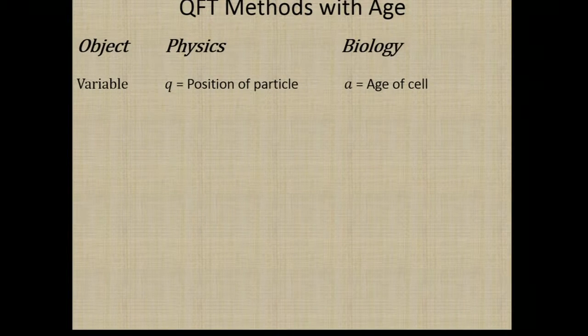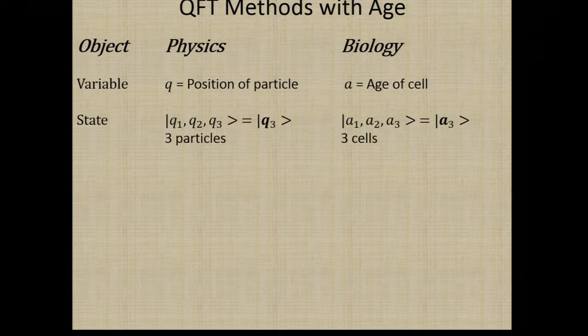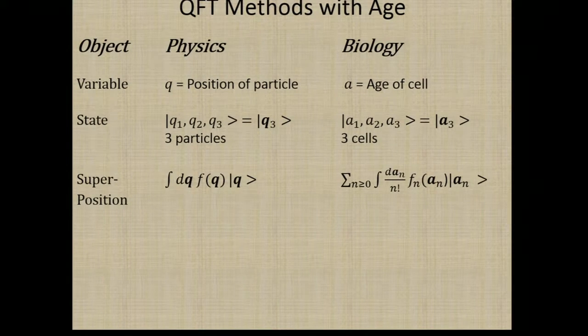So I'm just going to go through the two different fields, if you like. What we can think of is that quite often in physics, we've got Q is the position of a particle, and I'm going to say in biology, we've got A is the age of a cell. That's the analogy. So in physics, we've got states.